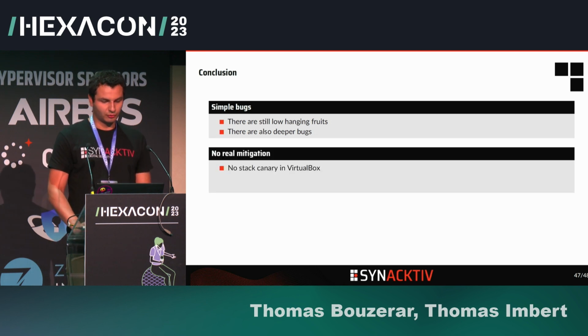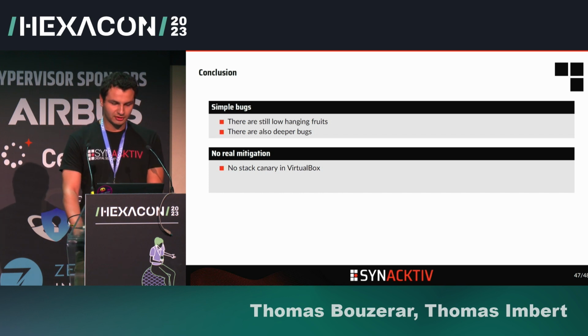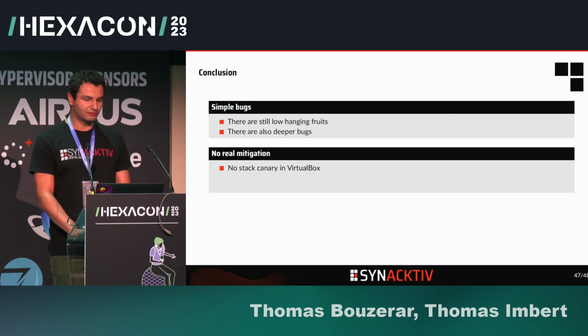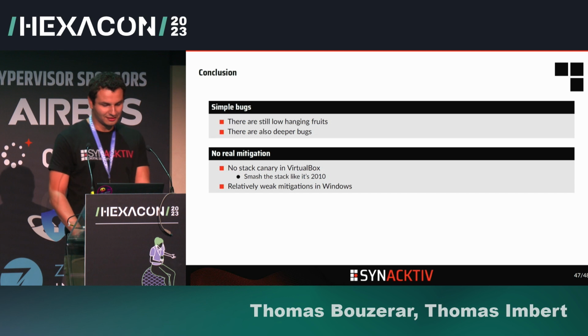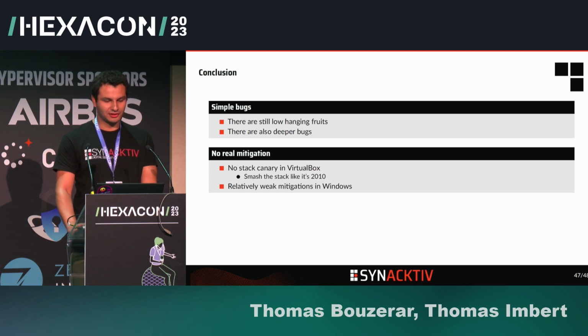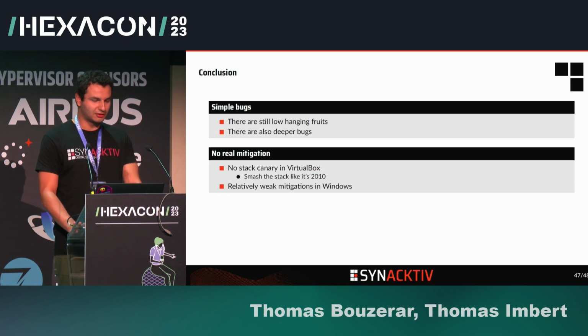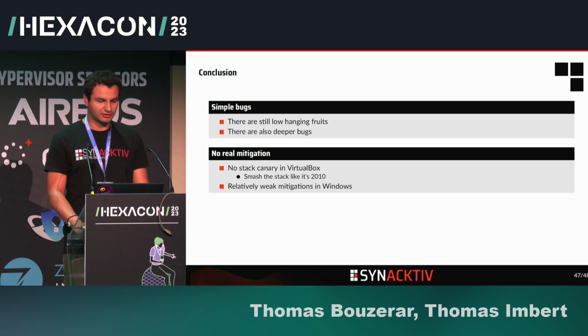But we found nice bugs, and we had no real trouble exploiting them because there was no stack canary in VirtualBox. So we could just smash the stack like it's 2010. And we had relatively weak mitigations in Windows because KASLR is weak.